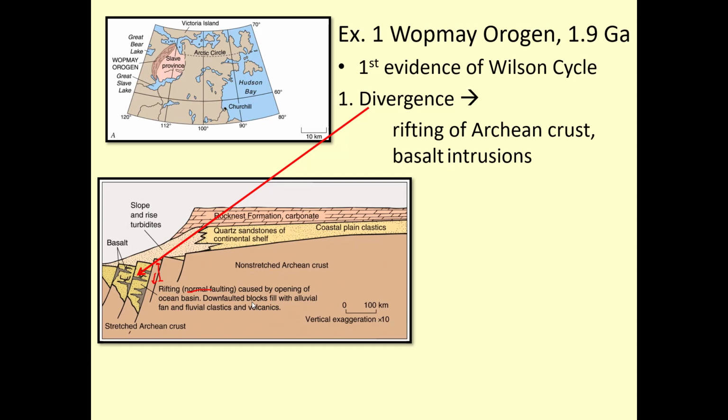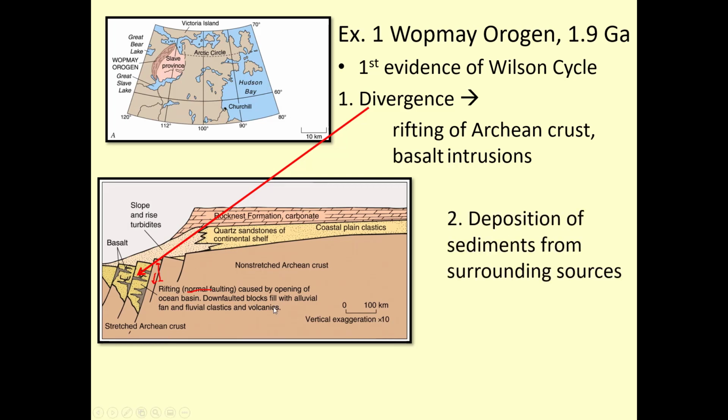And then remember, if we're talking about land being split into two pieces at least, as they're split, those two pieces of land are also going to shed sediment into that ocean basin in between. And we can see that represented from the sediments that would have been deposited from the erosion of those surrounding land masses.